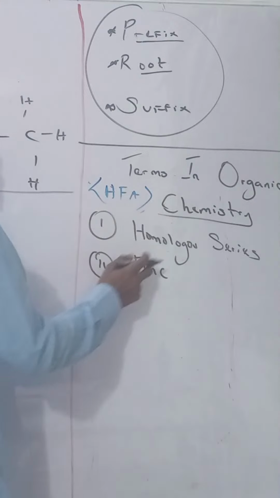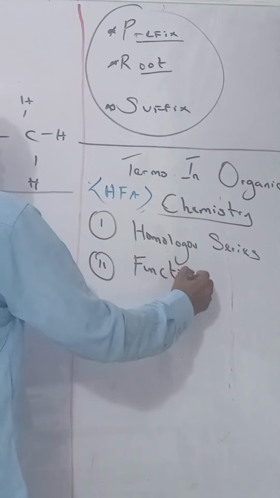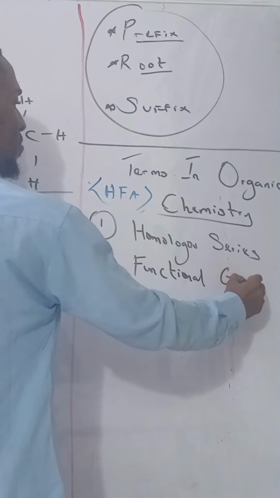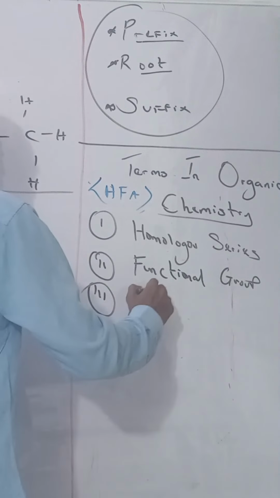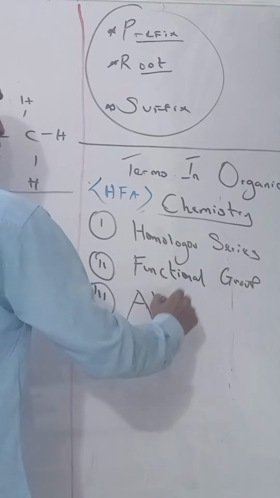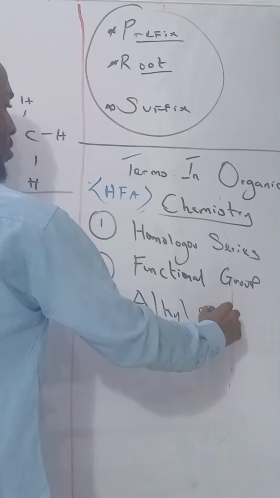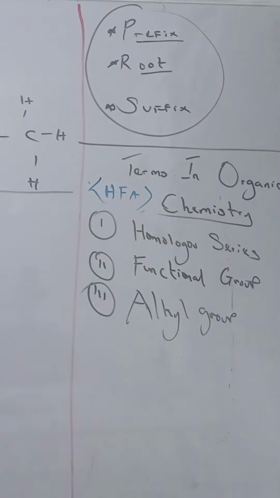So number one, homologous series. Number two, functional group. Number three, alkyl group. These are the three terms you need to understand to name organic compounds.